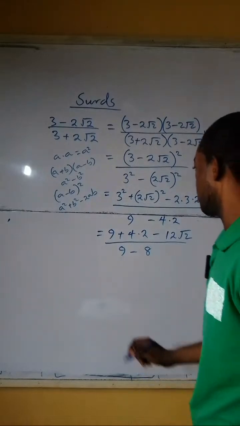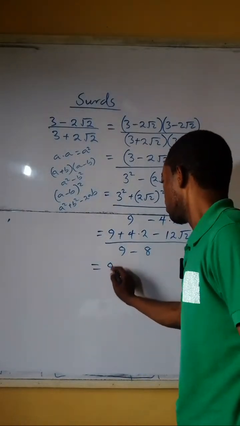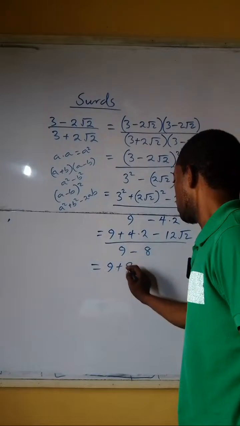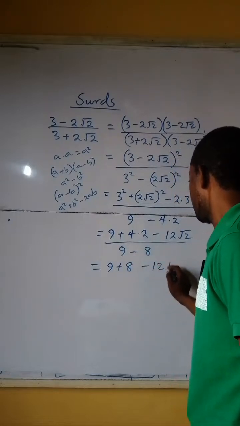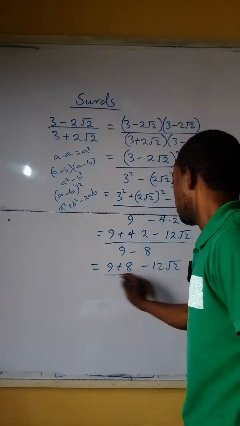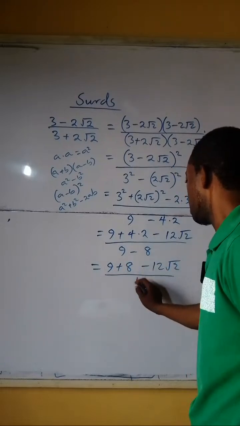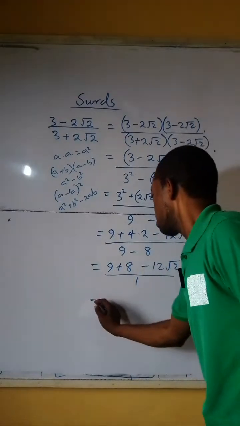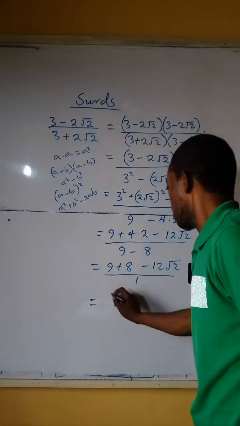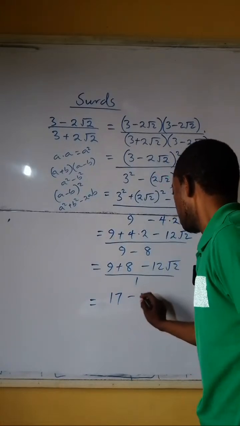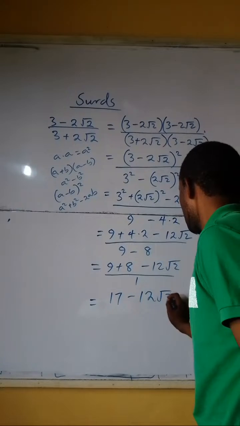That is, also here we have 9 plus 4 times 2, 8, minus 12 root 2, then over 9 minus 8 here, that's 1. That is, 9 plus 8, we have 17, then minus 12 root 2 over 1.